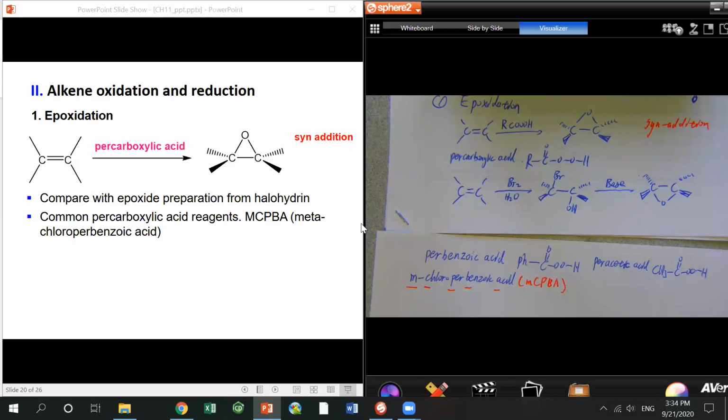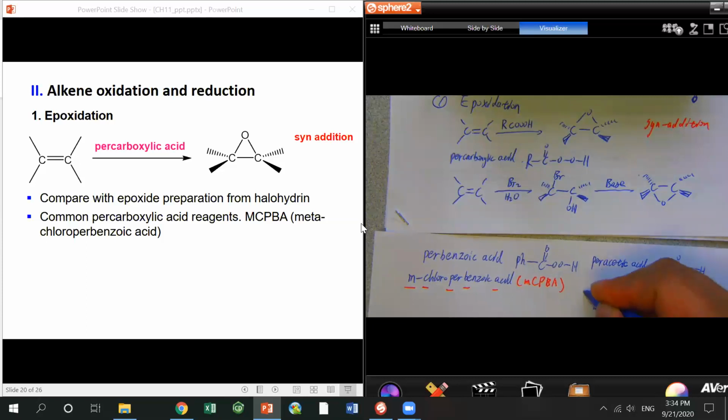I don't know why you cannot use para-chlorobenzoic acid or ortho-chlorobenzoic acid. I guess probably the starting material is cheaper. So it's structured like this: a chloro, and then perbenzoic acid, meta-chloroperbenzoic acid.